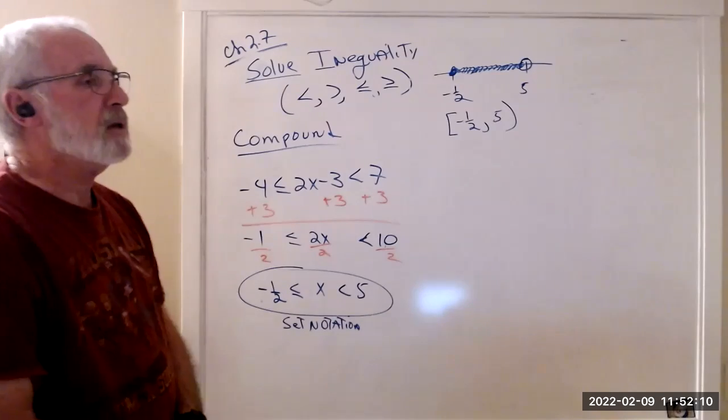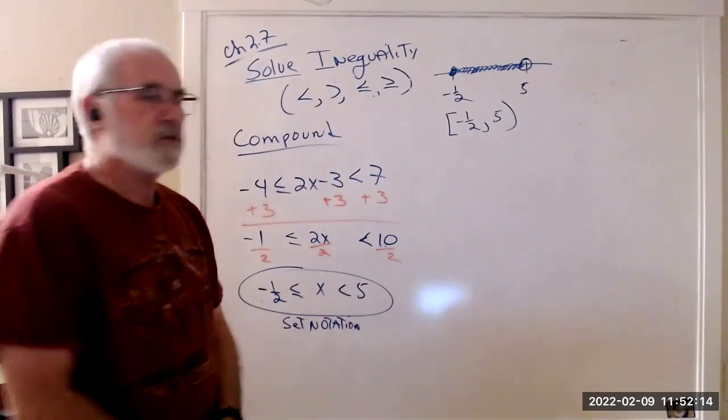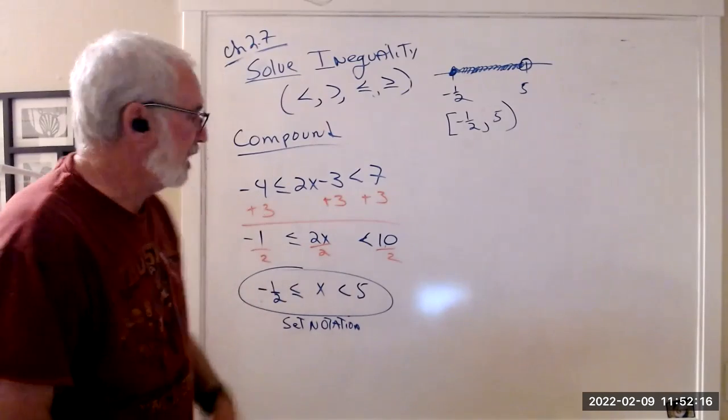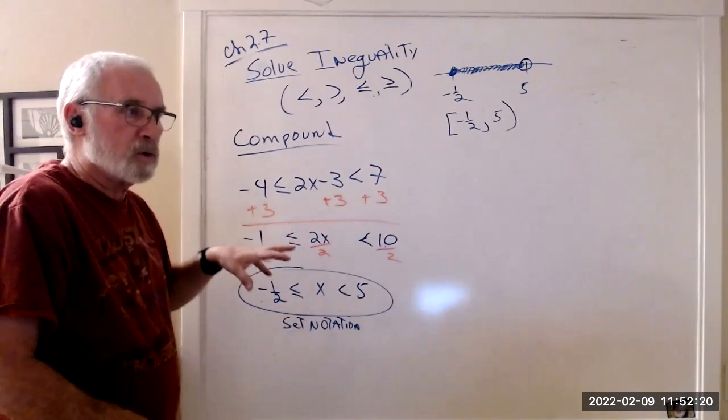Is it ever going to come up with a compound where it would be like 3x greater than or less than 2 to 4, or whatever, to 2x? Yeah, but not in this class. It gets a little bit trickier. You have to end up taking this thing apart and doing some weird logic stuff to it.